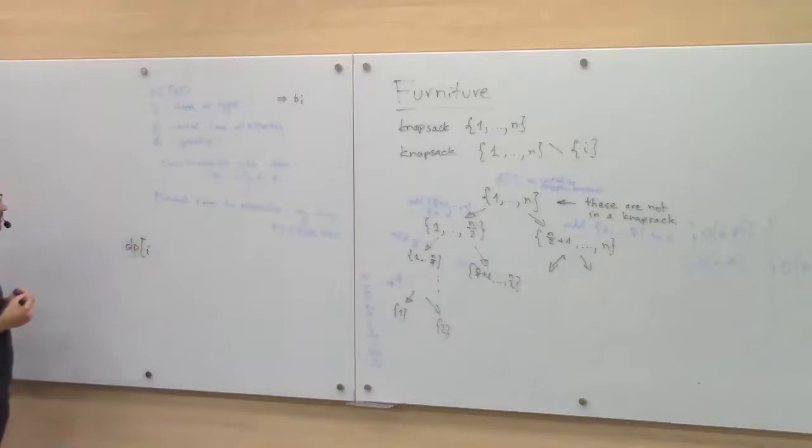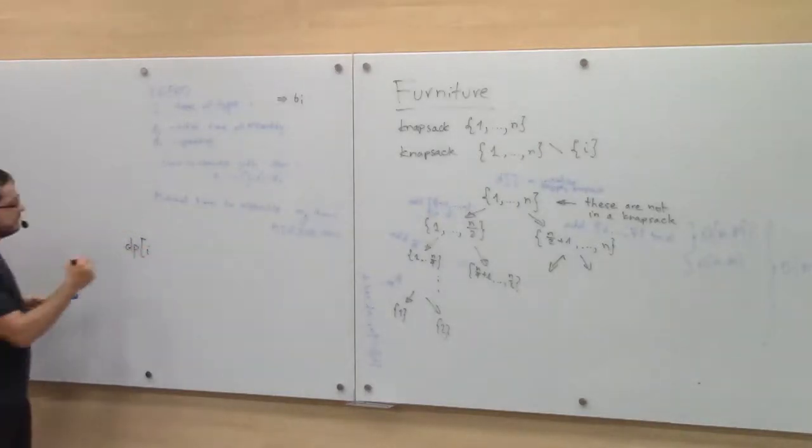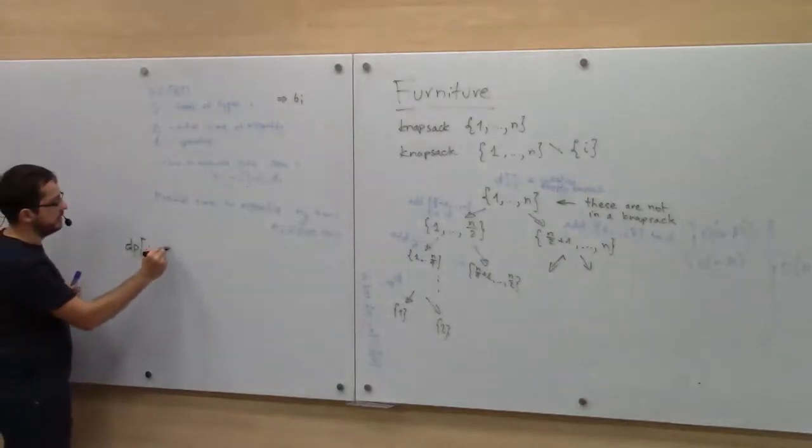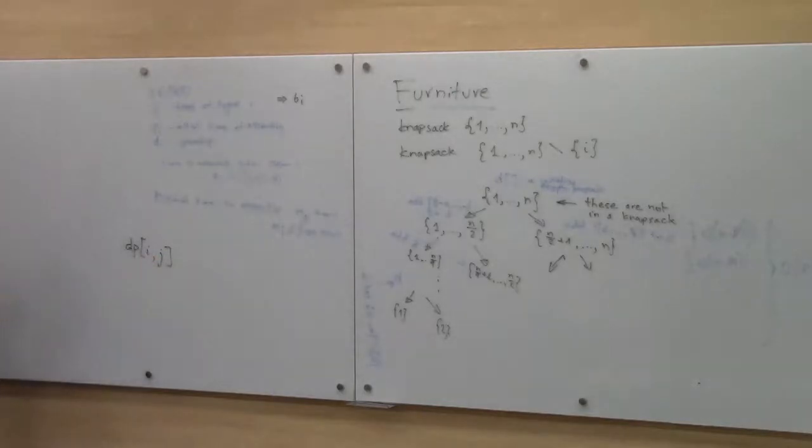In the first coordinate we will have i, the number of items already considered, and because we are asked the minimum time to assemble some number of items, we will have this as the second coordinate. So basically dp[i][j] means the minimal time to assemble j items if we consider types from 1 to i.